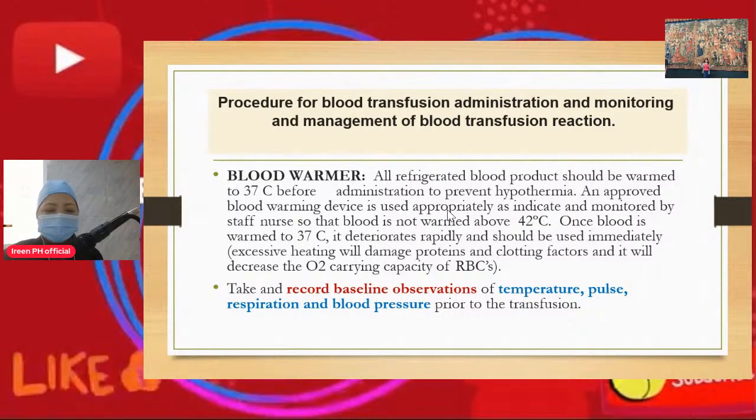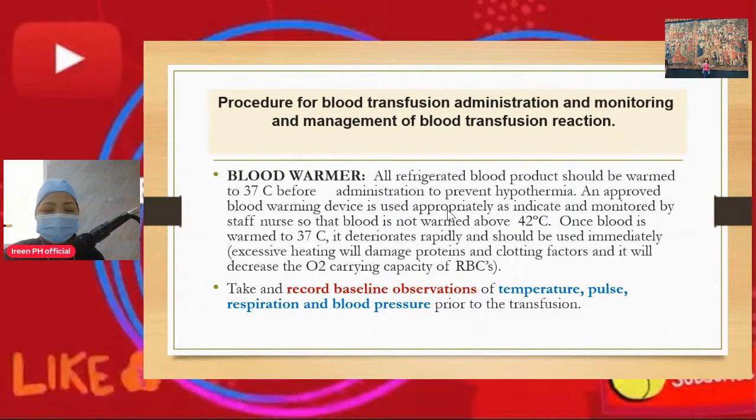Once blood is warmed to 37 centigrade, it deteriorates rapidly and should be used immediately. Excessive heating will damage proteins and clotting factors, and it will decrease the oxygen carrying capacity of RBC, which are red blood cells.